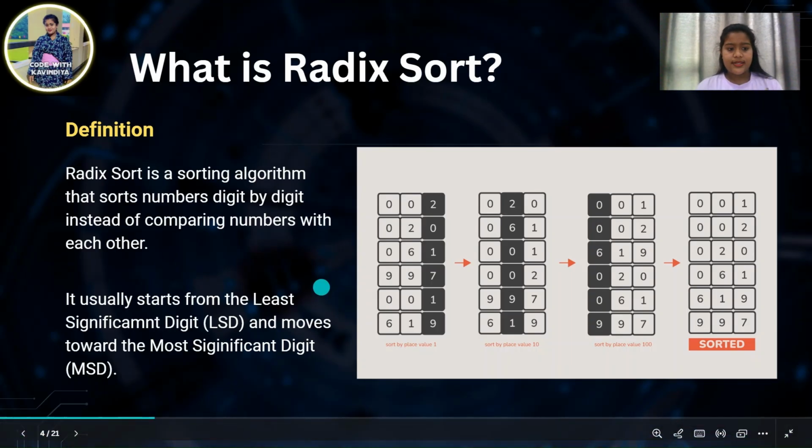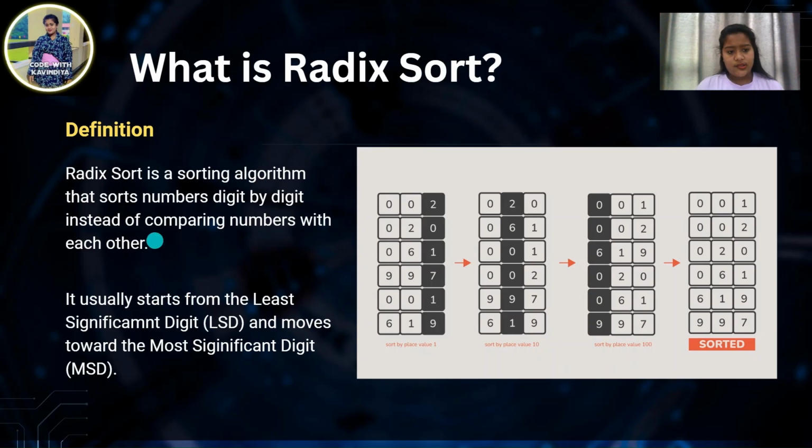Now, what makes Radix sort special? Radix sort is a sorting algorithm that sorts numbers digit by digit instead of comparing full numbers against each other. It starts at the least significant digit, LSD, which is the ones place, and gradually moves left toward the most significant digit, MSD.